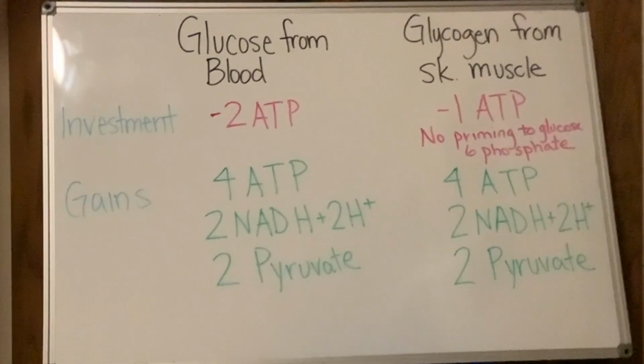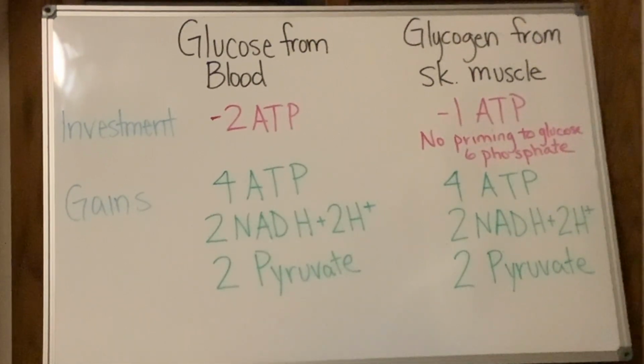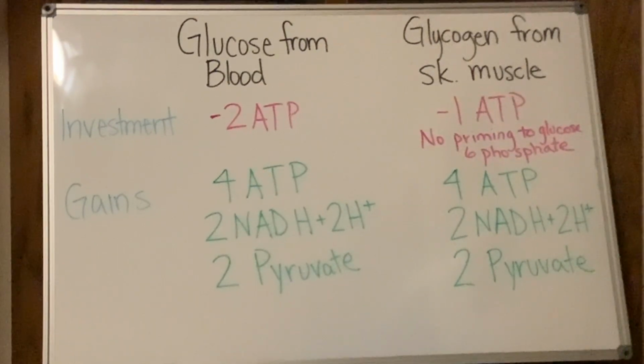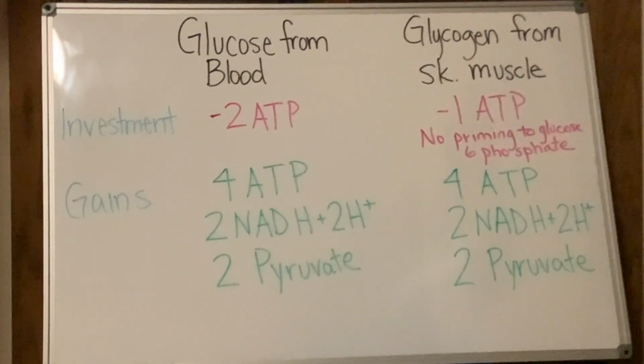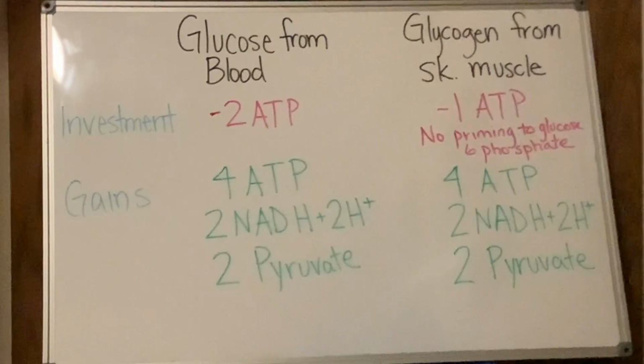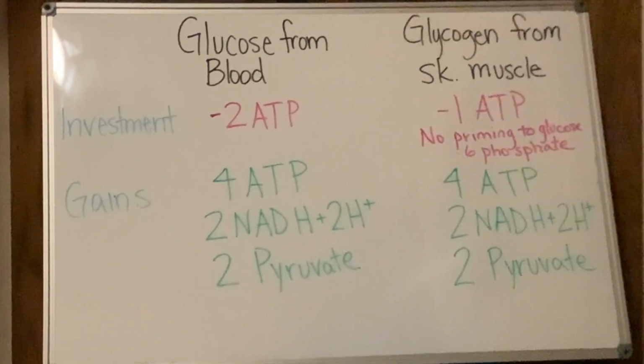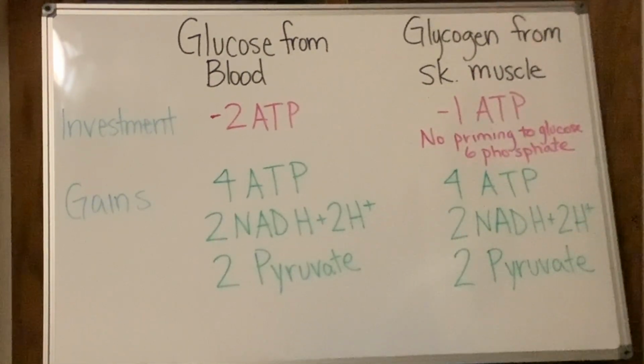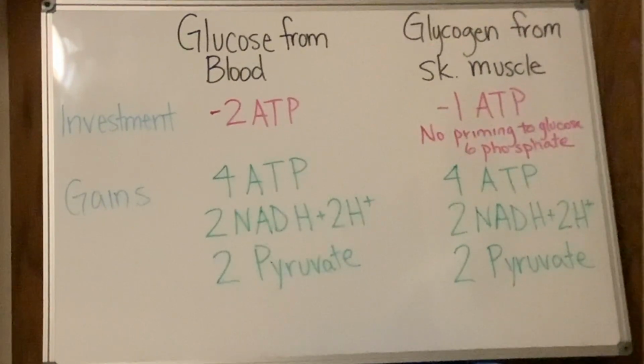We gain 4 ATP, 2 NADH, and 2 hydrogen molecules, along with 2 pyruvate molecules. In sum, our net gain, if blood glucose is utilized through glycolysis, is 2 ATP, 2 NADH plus the 2 hydrogen ions, and 2 pyruvate molecules.